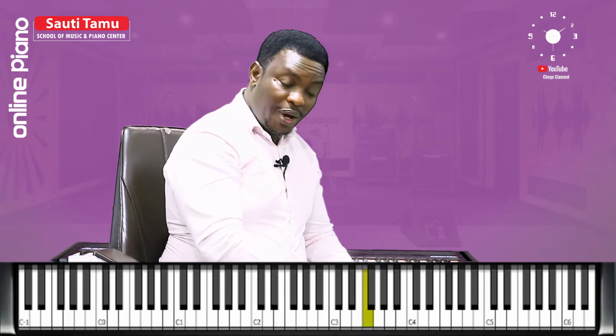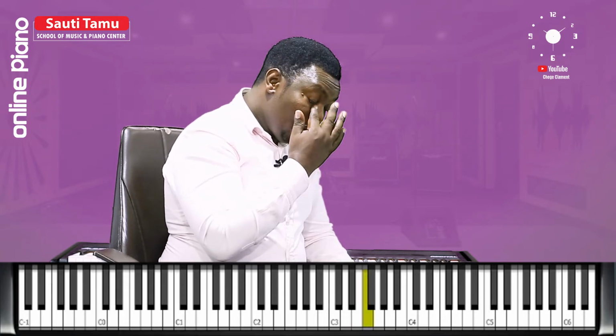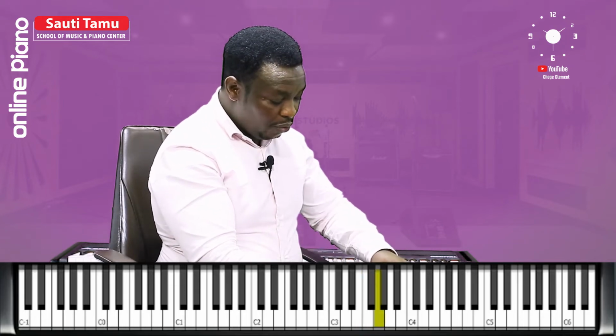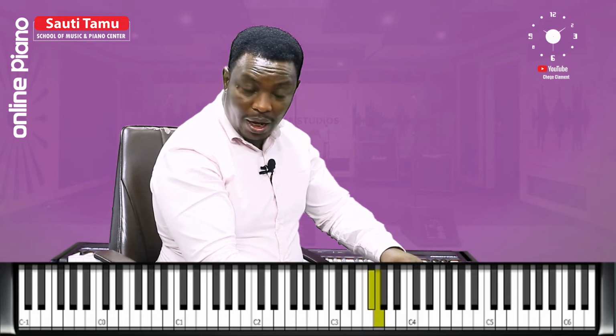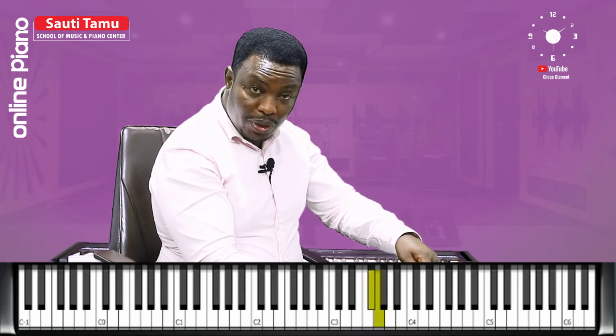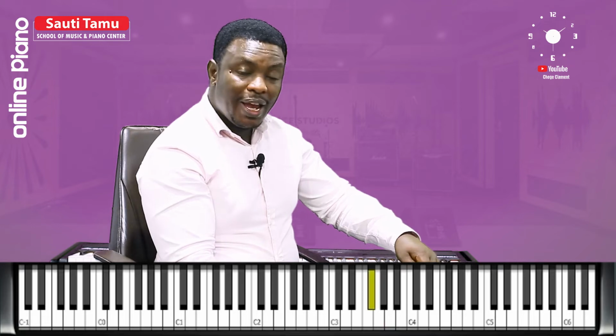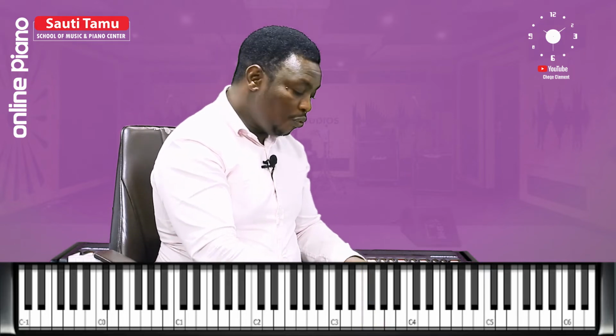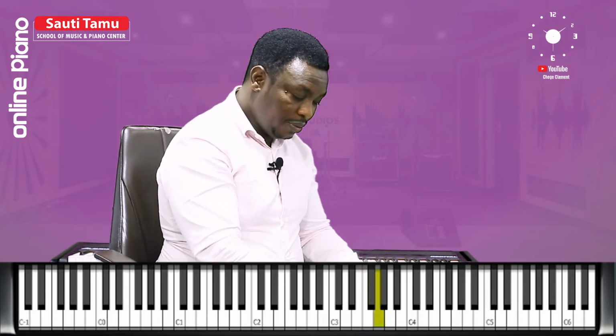So from the fourth note to the fifth note, we must have a tone. From the fourth, which is F, a tone will go up to G, because from F to F sharp is a half step, which is a semitone, and then from F sharp to G is a half step, and that makes a tone from F to G.